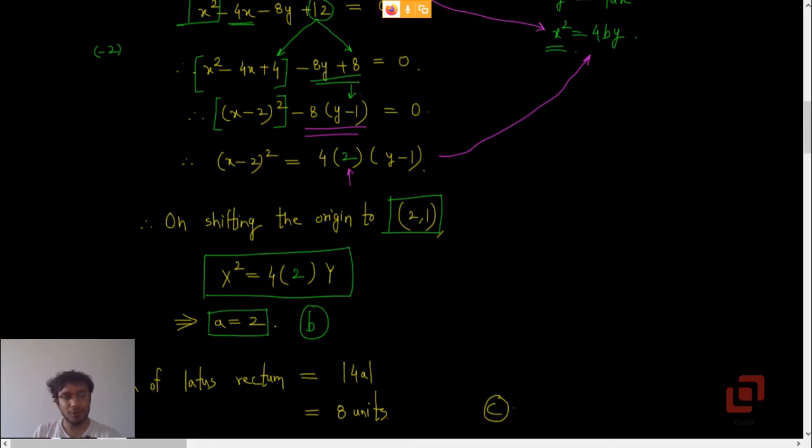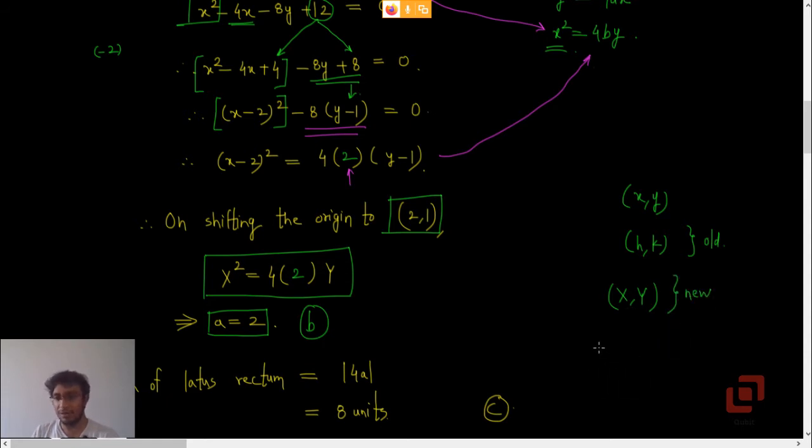Okay, for those of you who do not remember the formulas for shift of origins, they are following. We also call them transformation equations. Okay, so if the original coordinates of the point are x, y, and if we are shifting the origin to h, k, so this is with reference to the old coordinate system, then the same point will have coordinates uppercase X, Y in the new coordinate system.